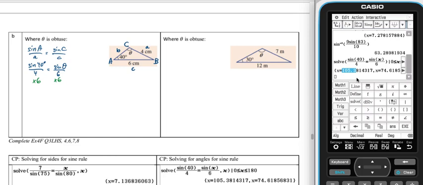So in this case, theta is equal to 105.4 degrees. If you are having any issues with your ClassPad, sometimes you might have it on standard mode. Make sure it's in decimal mode when assessing these.